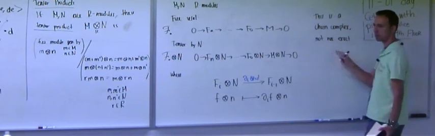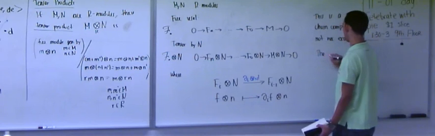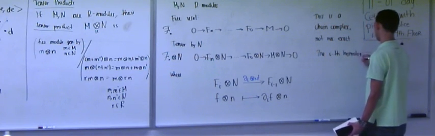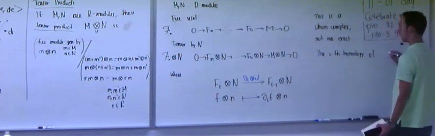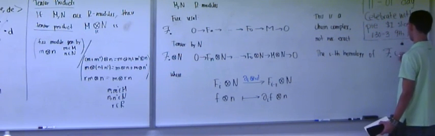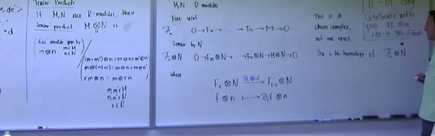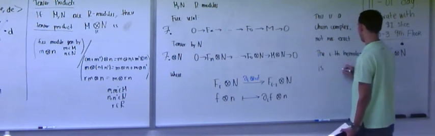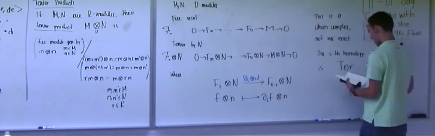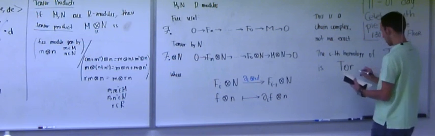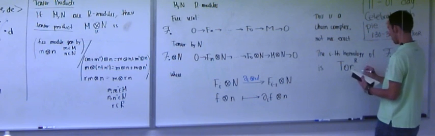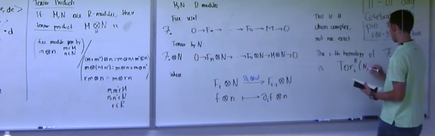So to measure the non-exactness, I take the ith homology group of this thing. That measures how not exact this is, and I'm going to call this Tor_i^R(M, N).